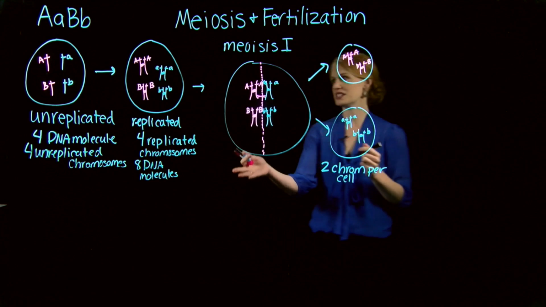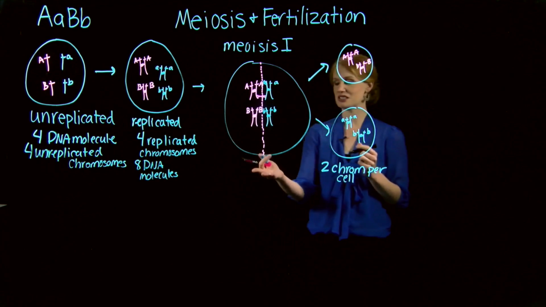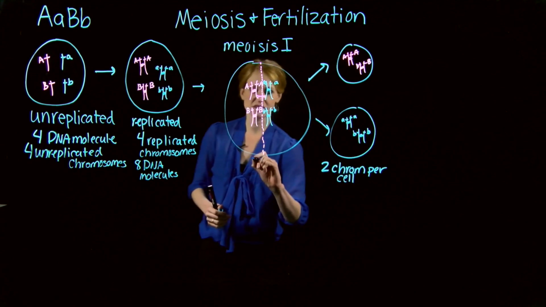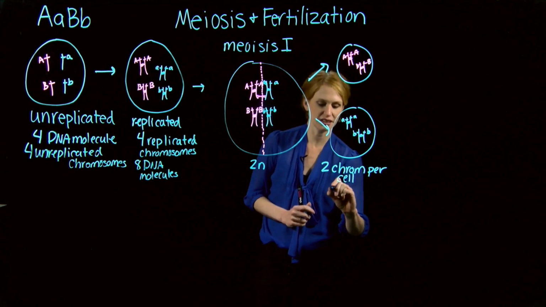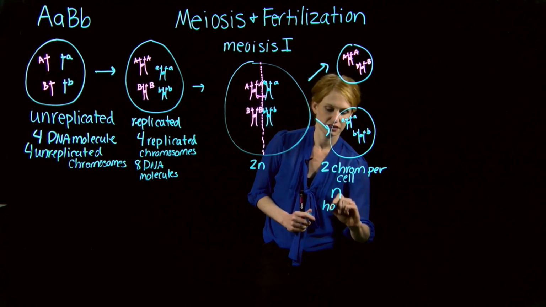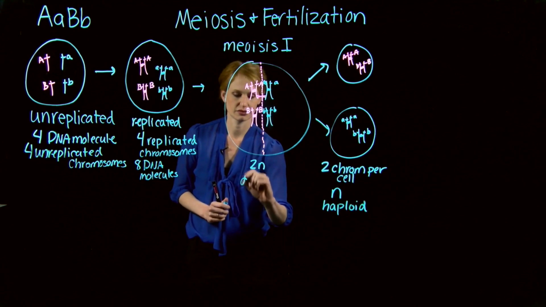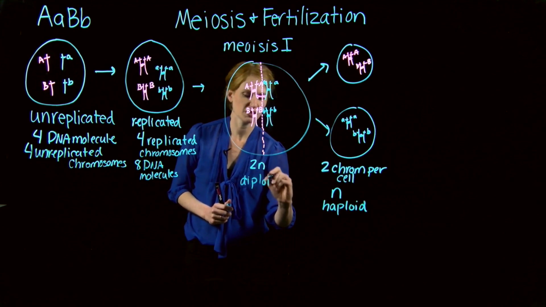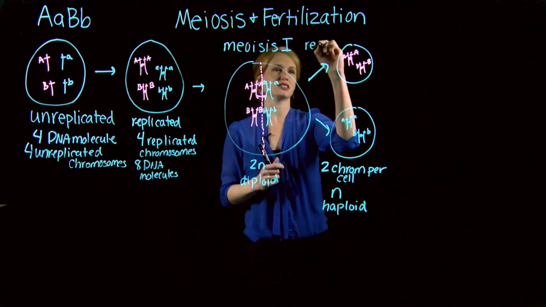So notice that we've gone from a cell with 4 chromosomes to one with 2. So we've taken a cell that's diploid with 2 copies of every chromosome and made 2 haploid cells. Because we've reduced the chromosome number, meiosis I is called a reduction division.